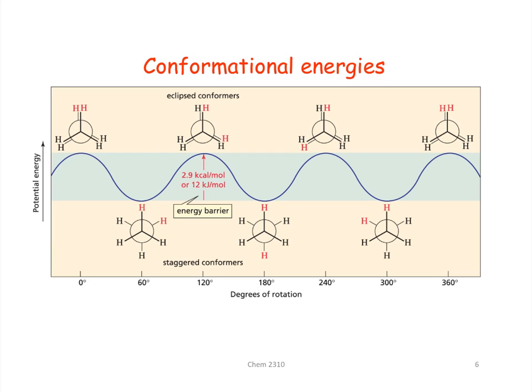If we look at the energies when we rotate from one conformation to another, we can graph it out. So in this case, what we're doing is we're looking at the angles between these two hydrogens here. This is referred to as a dihedral angle.